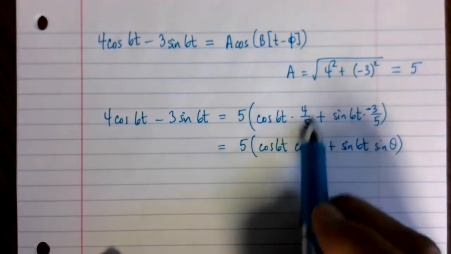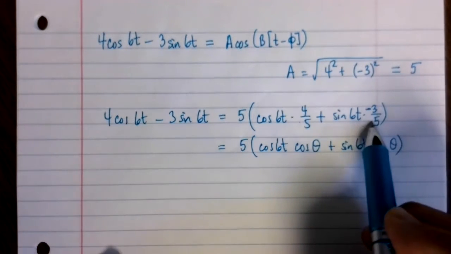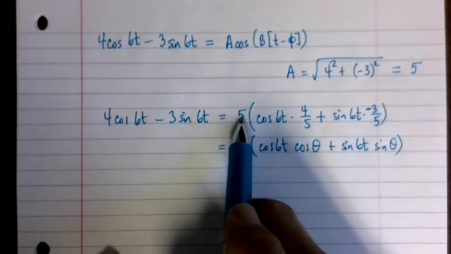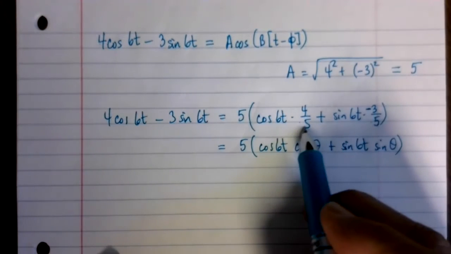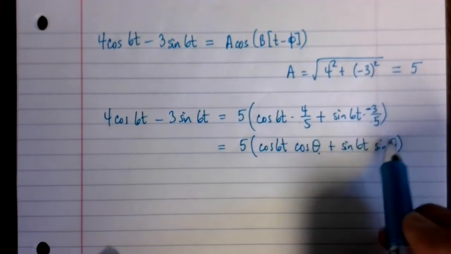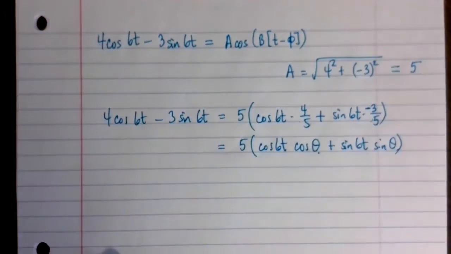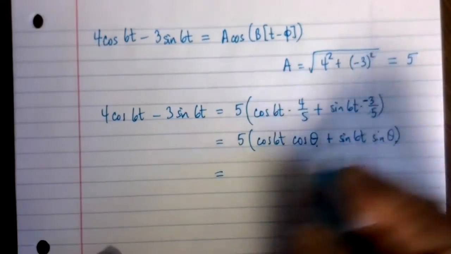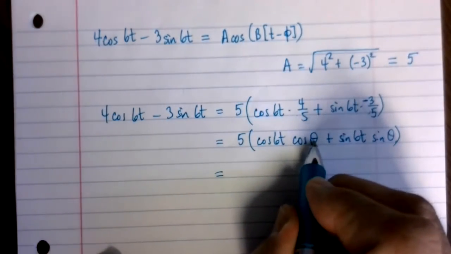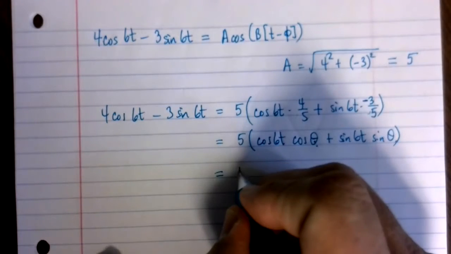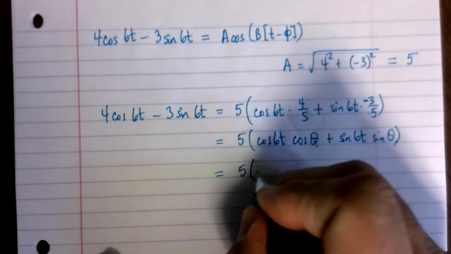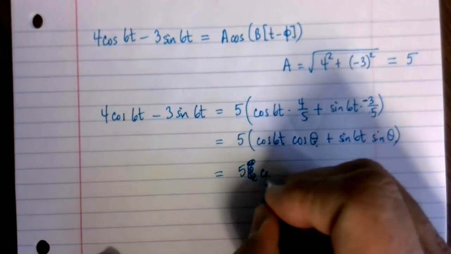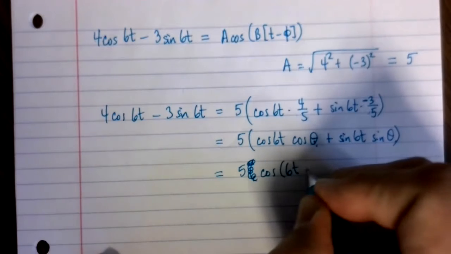I've rigged this so that this squared plus this squared is equal to 1 because I pulled the 5 out. And so I can write this as the cosine of some angle, and I can write this as the sine of some angle. I'll solve for that angle shortly. And therefore, by a trig identity, I can write this as 5 times the cosine of 6t minus theta.